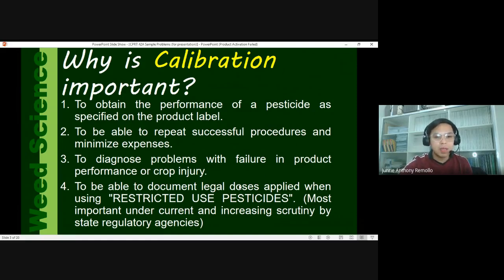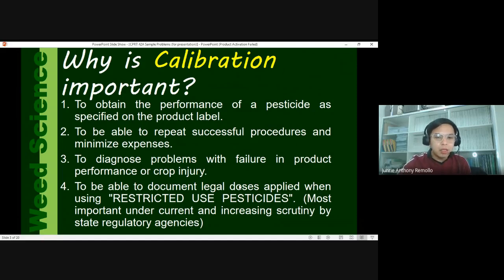And then we need to diagnose problems with failure in product performance or crop injury. With the presence of calibration, we could easily track what those failures are, especially if there is an existing over application or under application, things like that.